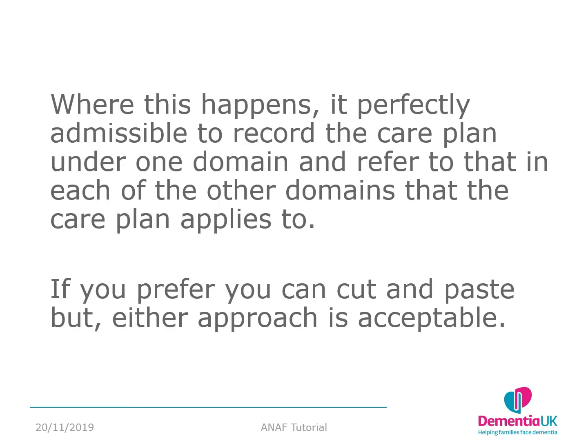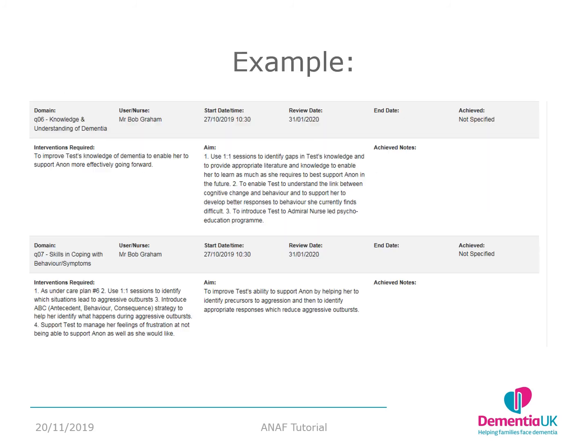It is not uncommon for nurses to have a care plan that will cover multiple domains. In the event that that happens, it's perfectly acceptable to record the care plan under one domain and then refer to that in the other domains. Or if you prefer, you can cut and paste, but either approach is acceptable.